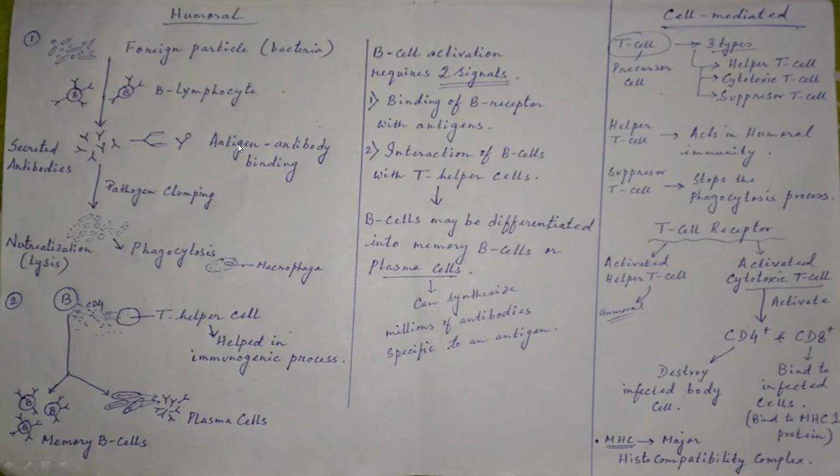And antigen and antibody binding again happens, and in the same process, after the antibodies bind with those specific antigens, neutralization occurs. Pathogen clumping and neutralization, that means through phagocytosis, that foreign particle will be destroyed in our body.